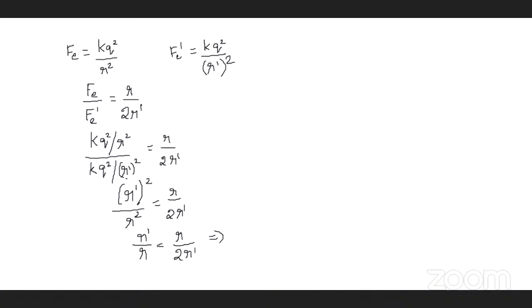So this implies r prime square is equal to r squared by 2. This cross multiplication you have to do here.